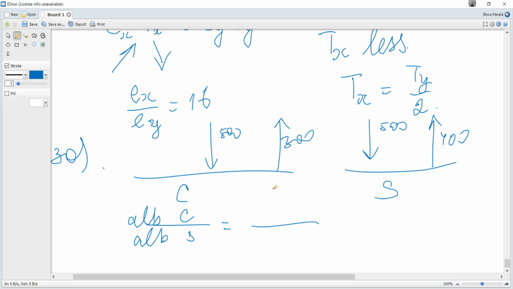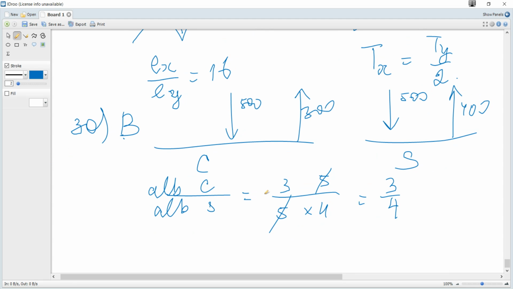For concrete it's 3/5, and for snow it's 4/5, and we can see that the ratio is 3/4, and it's B. And that's all.